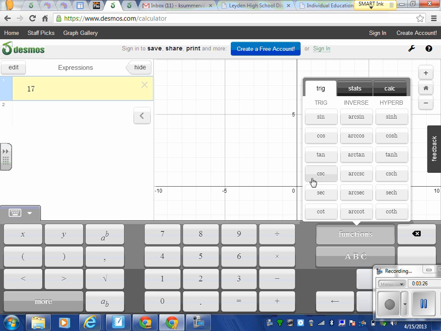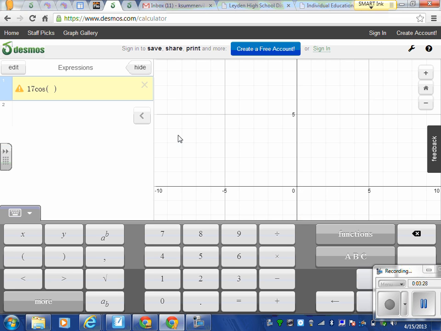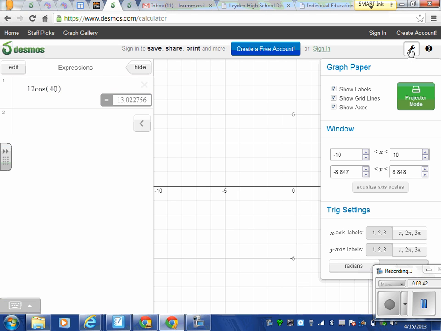Push function and hit cosine, and then I put in 40 for my angle, and I'm going to get 13.02. Remember, before you do the problem, we already had it set up before, we have to go to the wrench button and make sure that we have the degree button clicked in at the bottom, where the radian is, so it gives you degrees. Okay? All right, we'll see you in a little bit.